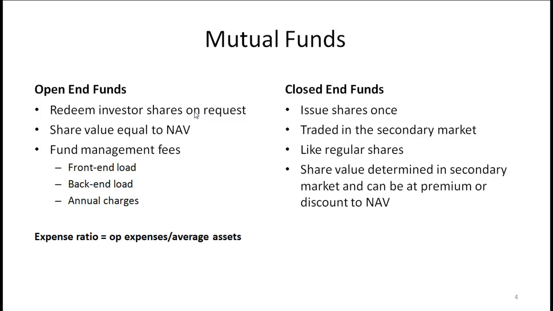So given the example that I just showed you, if an investor wants to return the mutual fund share back to the mutual fund, it will accept it, sell the investor's share of the underlying stocks, for example, and give the money back to the investor.